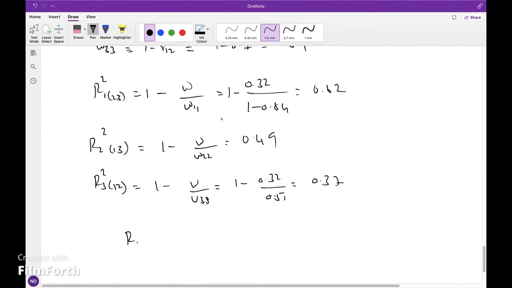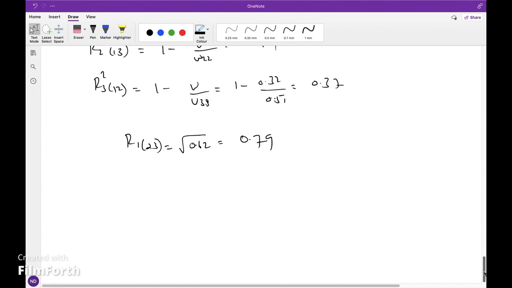So R1.23 is equal to the square root of 0.62, that value is 0.79, and R2.13 is equal to the square root of 0.49, that is 0.70.